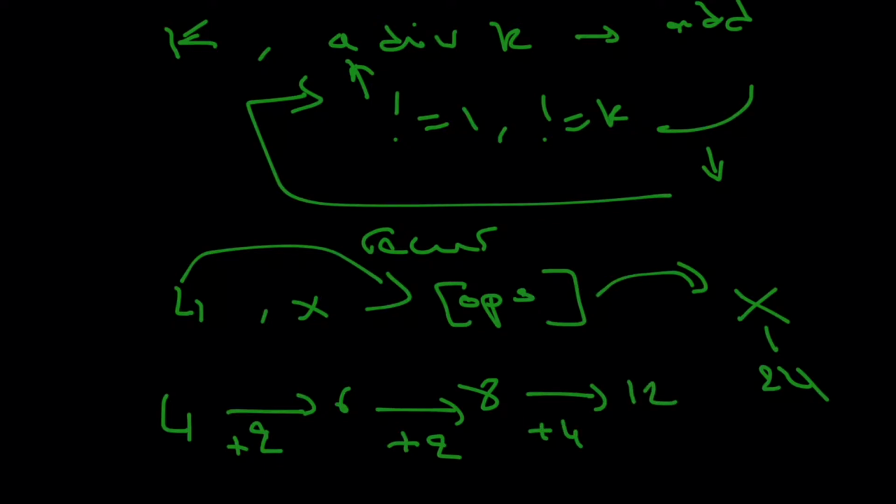And 6 is a divisor of 12, and so we can add 6. And from there, 6 is a divisor of 18, so we can add that again. And with that, we get 24.